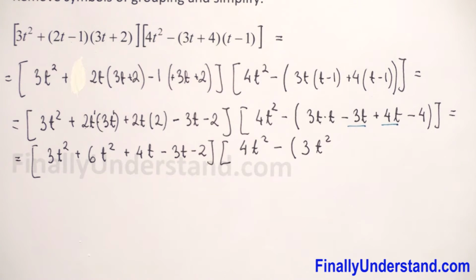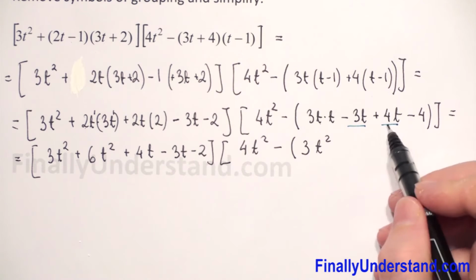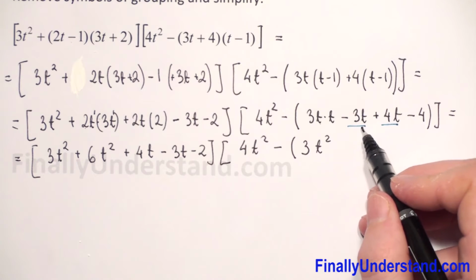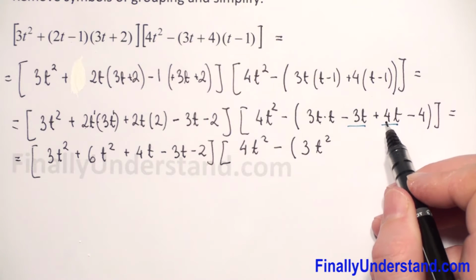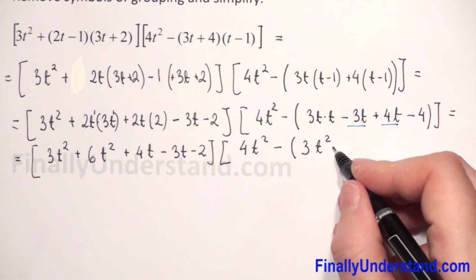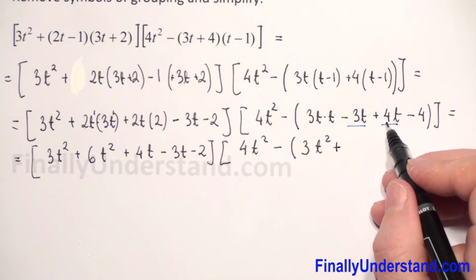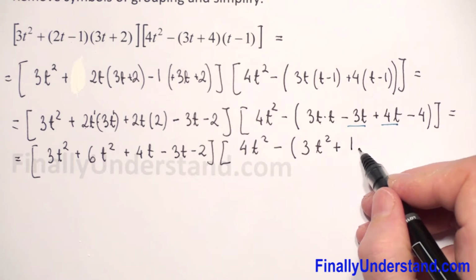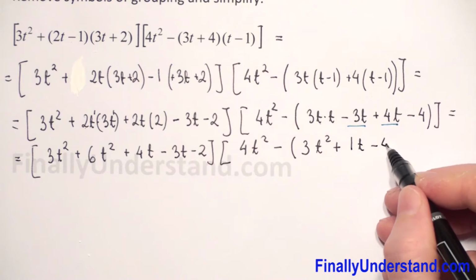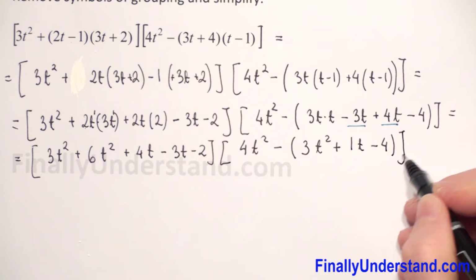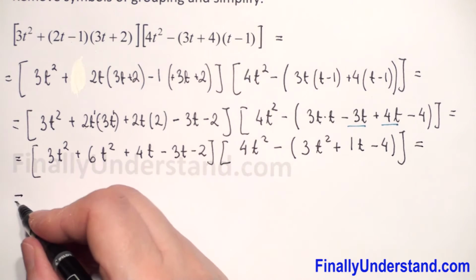So we have different sign before these two like terms, so we have to copy the sign of a greater number. 4 is greater than 3, so we have positive sign, and now we just subtract, 4 minus 3 is 1. T and negative 4 we have to copy, close parentheses, close brackets. This is equal.